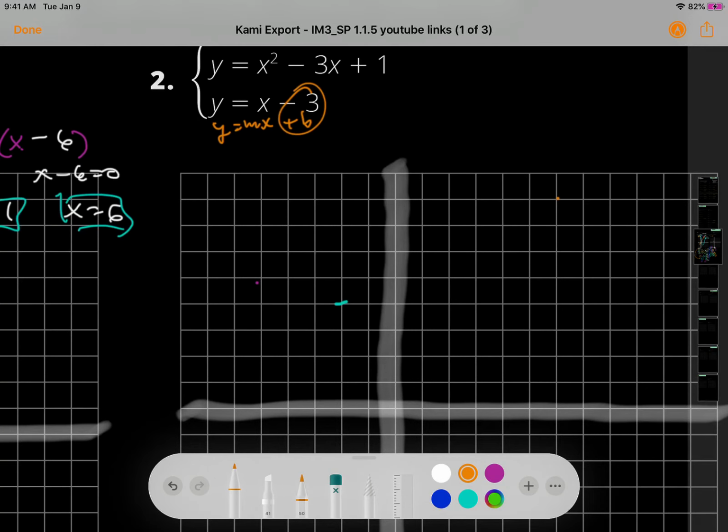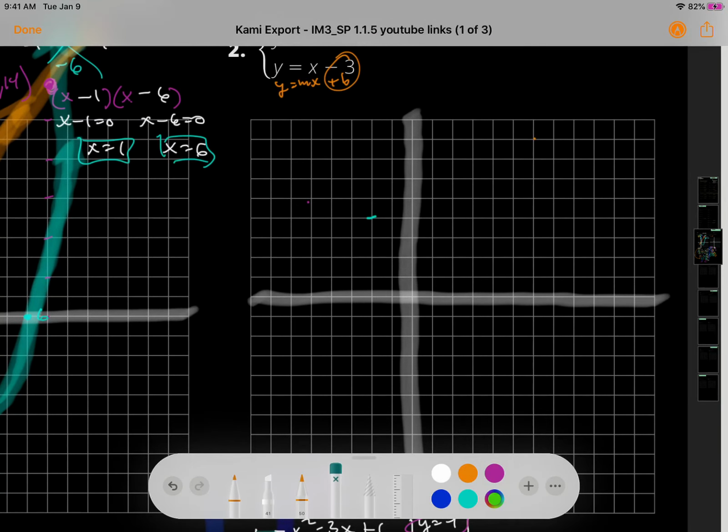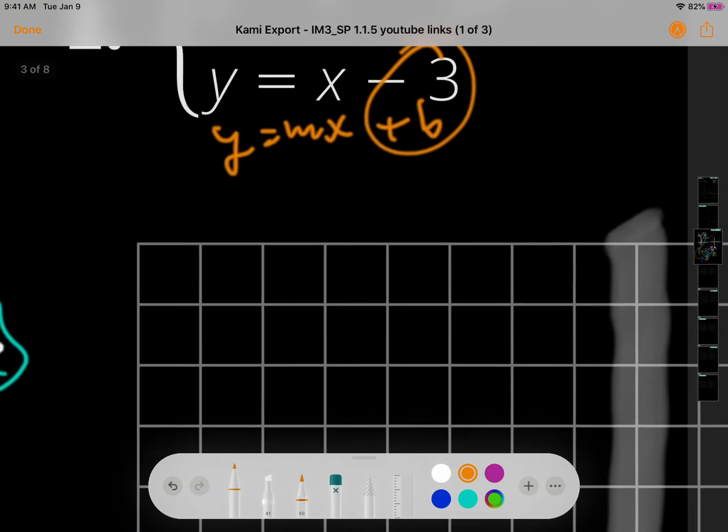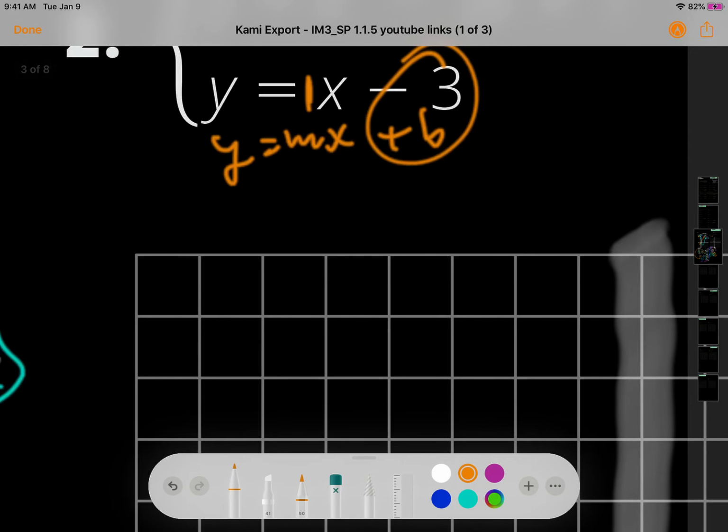So my b value is negative 3, so let's go ahead and find that. Negative 1, negative 2, negative 3. Okay. And my slope here is 1, which means it is 1 over 1, which means a rise of 1 and a run of 1. What does that mean? Up 1, right 1.